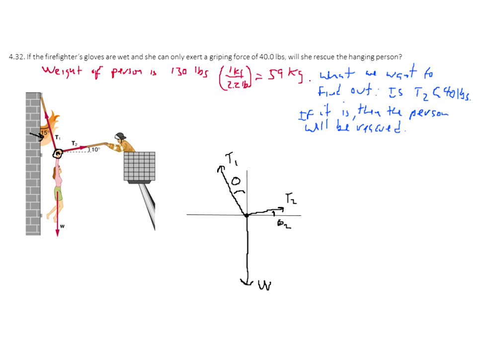So theta 1 equals 15 degrees, theta 2 equals 10 degrees, T1 we don't know, T2 we don't know, and we know her mass is equal to 59 kilograms.